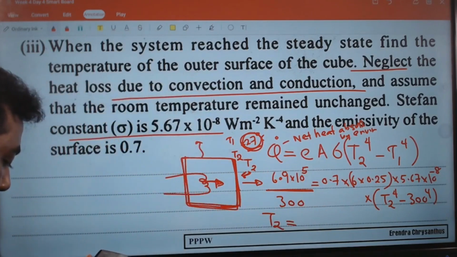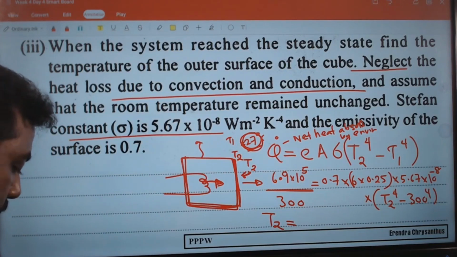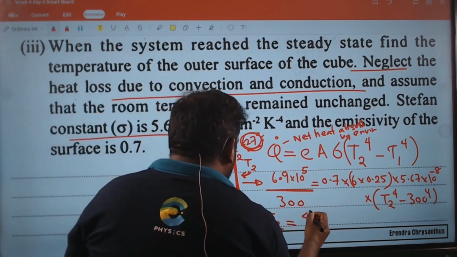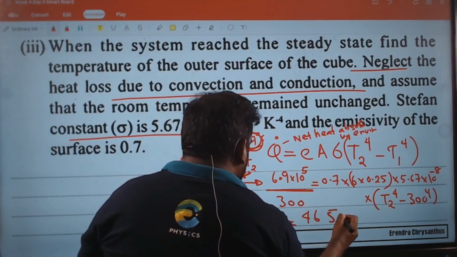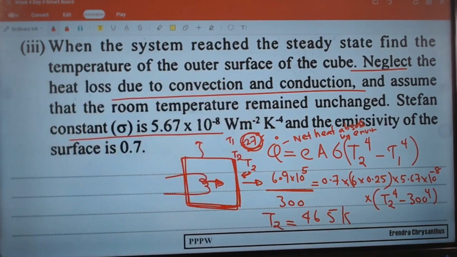Simplify this: 6.9 10 to the power 5 divided by 300, divided by 0.7 times 6 times 0.25 times 5.67 10 to the power minus 8, plus 300 to the power 4. That gives 465 Kelvin.